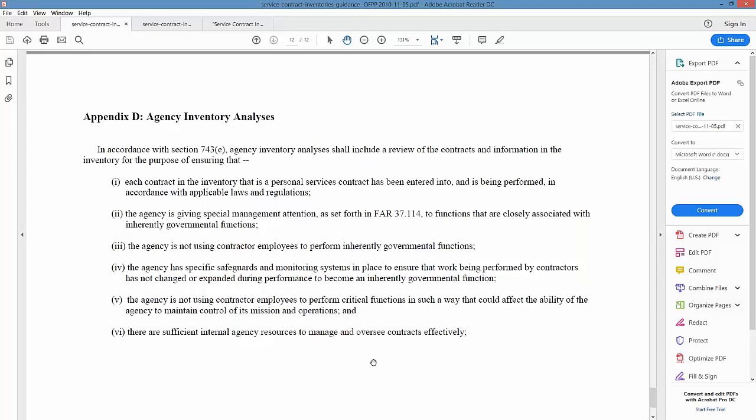No certifications for managing these contracts. Well, then, if you're the FAA, the service contract inventory is giving you a great service. You know that you have a critical function where the workforce is out of balance, and you have not effectively counterbalanced that with experienced contracting officers.